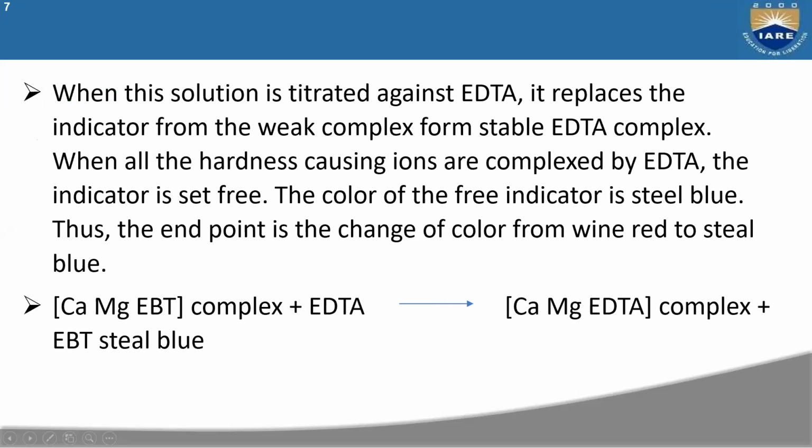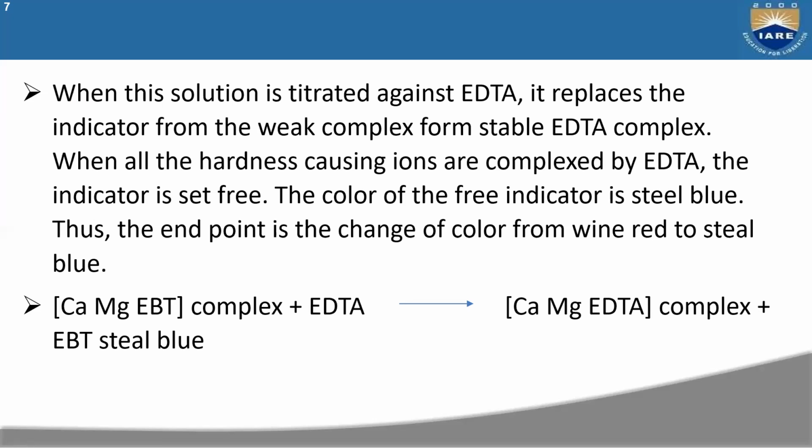When the solution is titrated against EDTA, it replaces the indicator from the weak complex. So before, we get the calcium magnesium EBT complex, which is a weak, unstable complex.